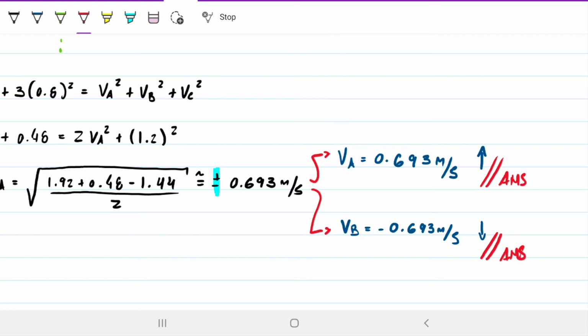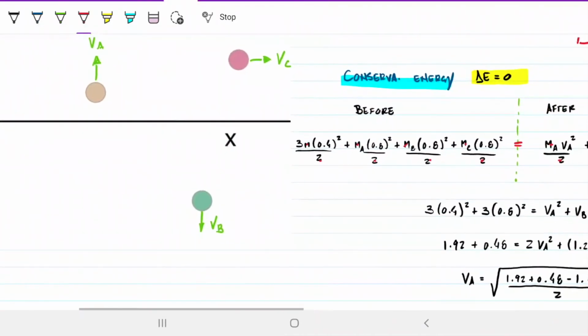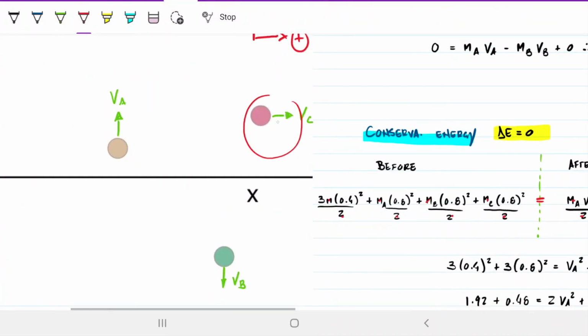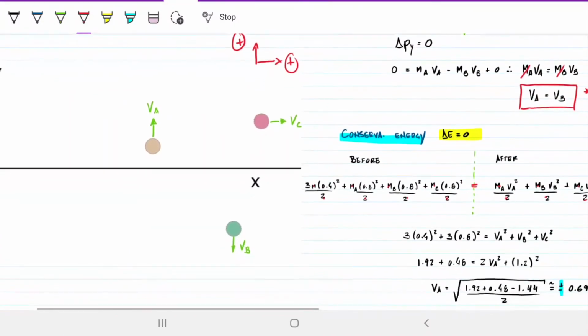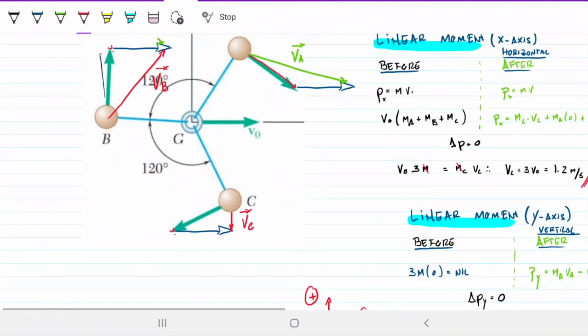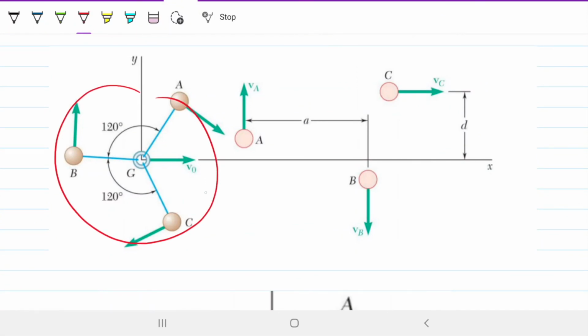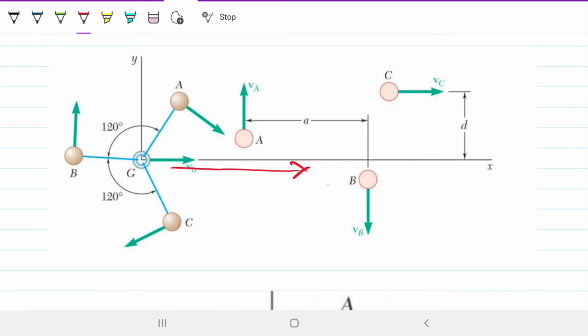So we just got the velocities for all of them. Note first of all what happened with velocity C. Remember that C had 1.2, right? What happens with velocity C is that it takes the original linear momentum before the ring breaks and converts everything into the velocity of C, because A and B don't have any of that right hand movement.